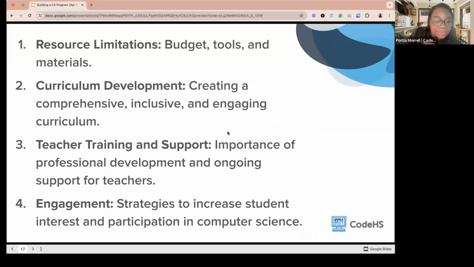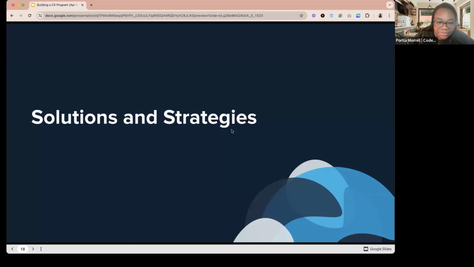And then 3, we're talking about teacher training and support and the importance of gaining professional development and ongoing support for teachers, especially because not all teachers are coming directly as computer science teachers or have computer science foundations. And then last but not least is engagement. So strategies to increase student interest and participation. So we'll talk about these in our solutions, which is next.